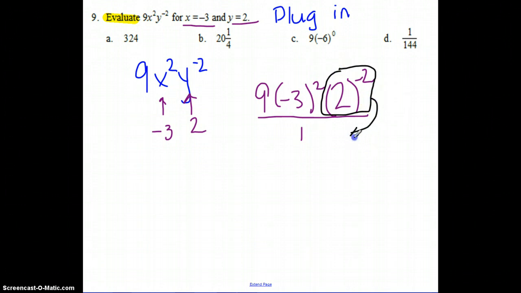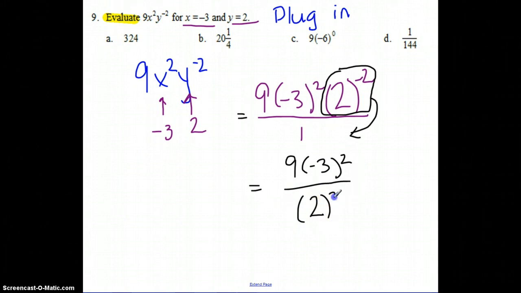So that's going to have to go to the bottom. In this one, 9 and negative 3 to the second power don't move because we only move things that have negative exponents. So 9 and the negative 3 to the second power are going to stay on the top. And on the bottom, there's going to be a 2, but now the exponent's going to be positive.